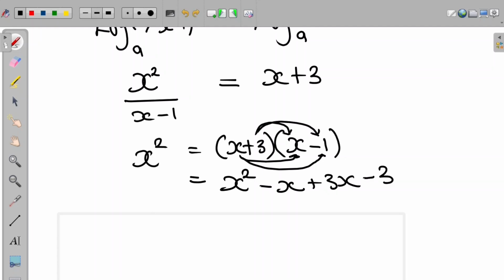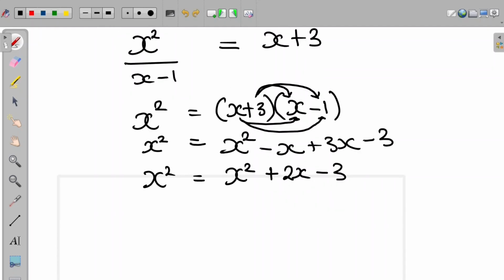So we put down the left hand side. So we can simplify the right hand side by saying that minus x plus 3x is plus 2x. So this is x squared equal to x squared plus 2x minus 3. So we have it that x squared minus x squared minus 2x is equal to negative 3.